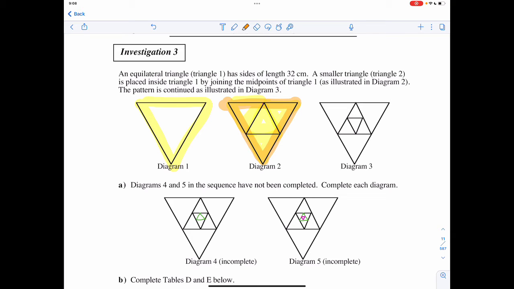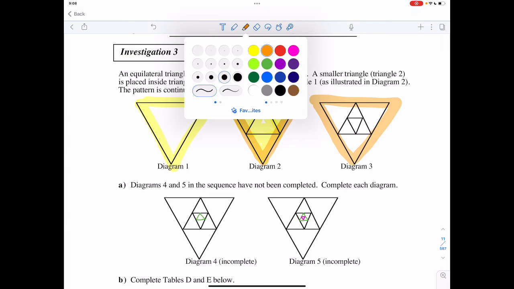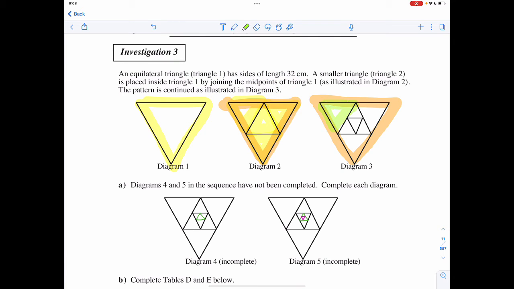When I get to diagram 3, I have the big triangle, and then I have the 4 triangles that are half the size. Well, technically 1/4 the size, but the side lengths are half the size.